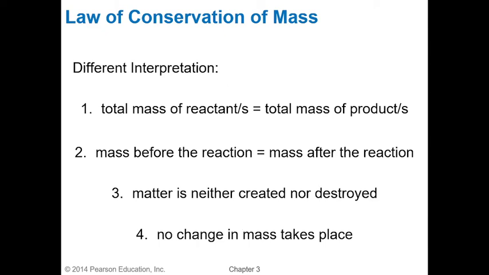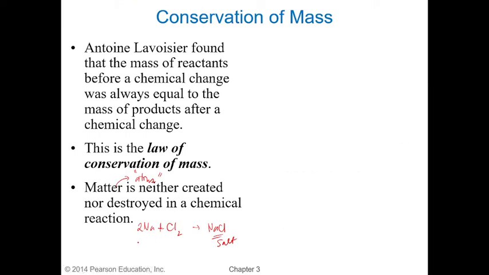So ano ba yung mga ibang interpretation dun sa law of conservation of mass? So again, the total mass of the reactants will be equal to the product. So kapag nag-discuss kasi tayo ng chemical reaction, this part here is called your reactants. And this part here is your products. When we say reactants, these are your starting materials.